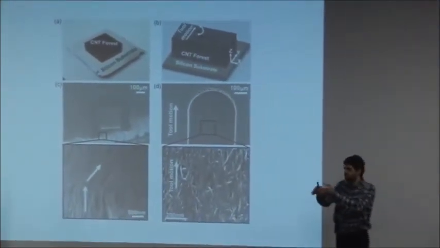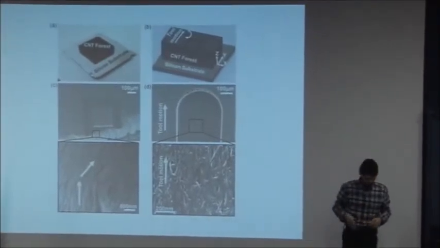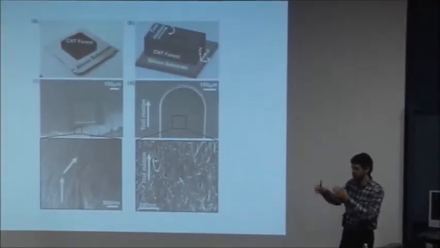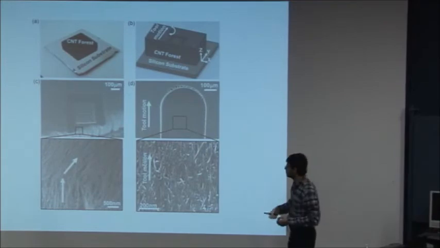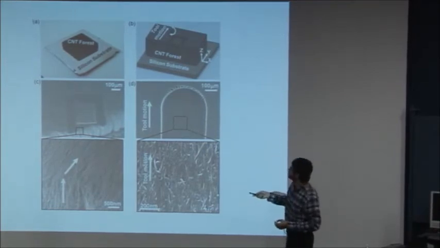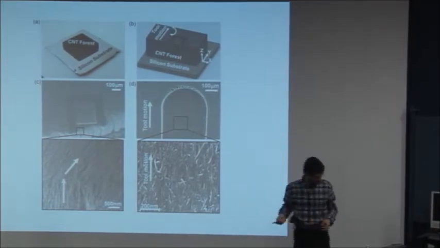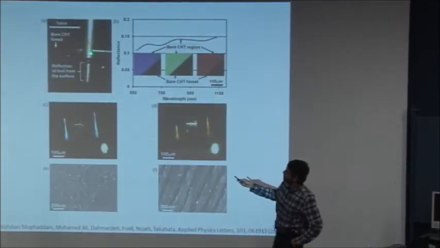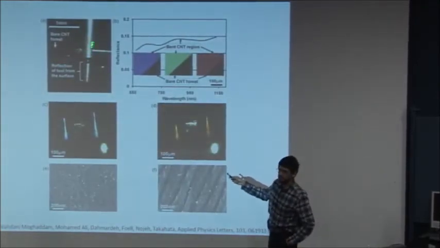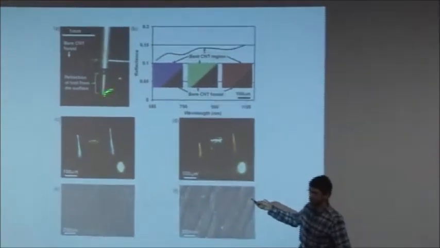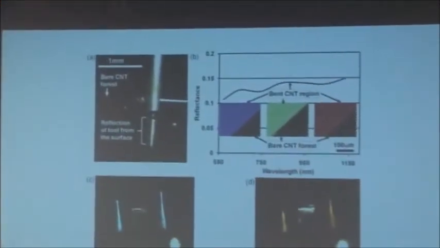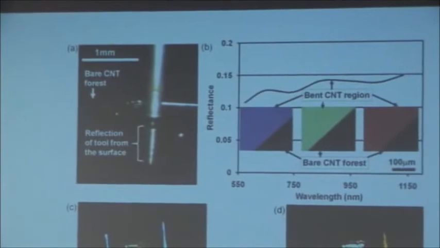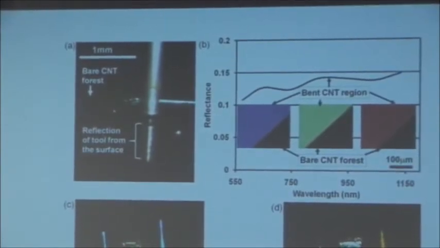Maybe you can create different directions of channels of heat flow or electron flow or whatnot. So he was doing some of these, and all of a sudden, he noticed that he can see the picture of this tip that he was using, a mirror reflection of the tip in the nanotubes, in this otherwise very dark and black material.